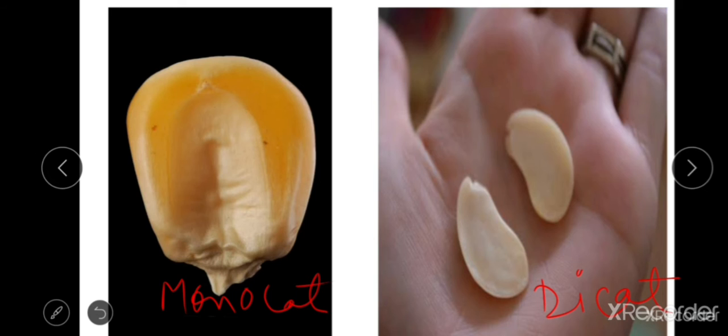We see almonds, cashew nut, rajma, or we call it kidney beans, gram, peas, and many more. So they come under dicots. So what you can do is go to your kitchen and take help from your mother and try to segregate grains or fruits into the category of dicot and monocot.